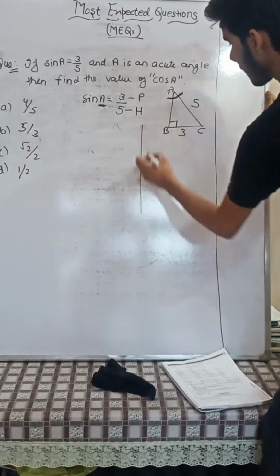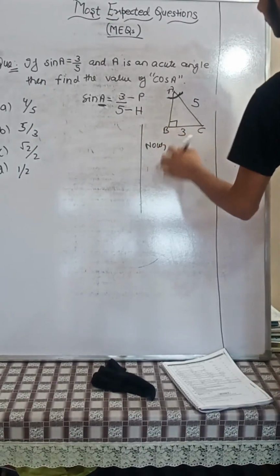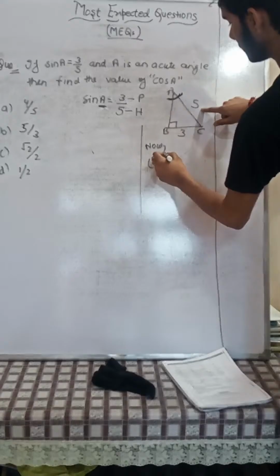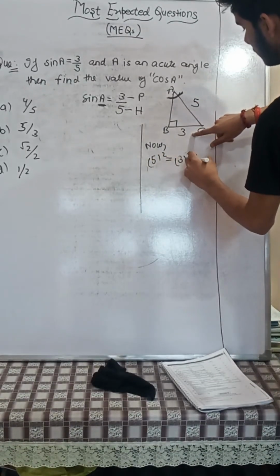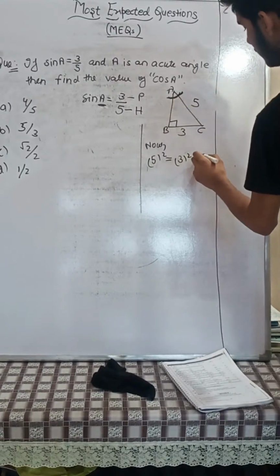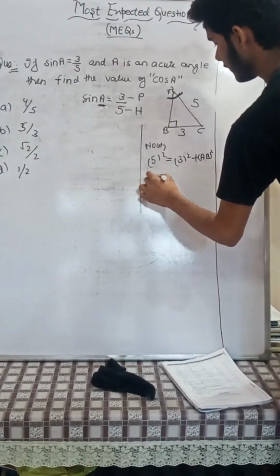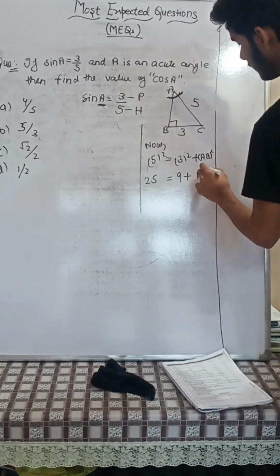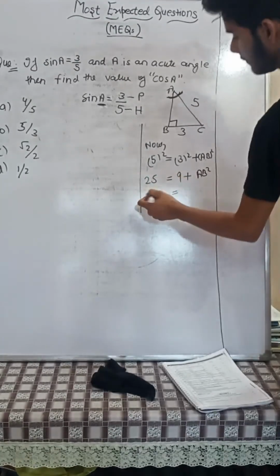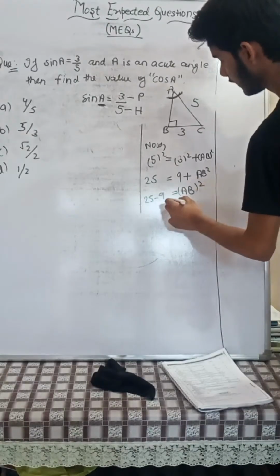Now according to Pythagoras theorem, h square equals perpendicular square plus base square, AB. 5 square is 25, 3 square is 9, AB square is AB square. 25 shifted to the other side, minus 9, AB square.